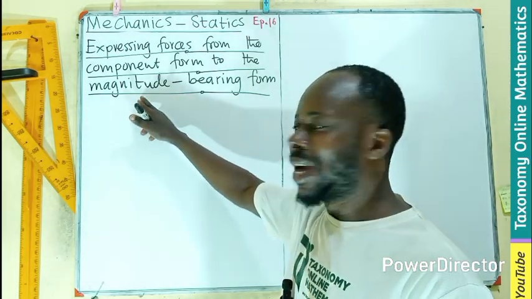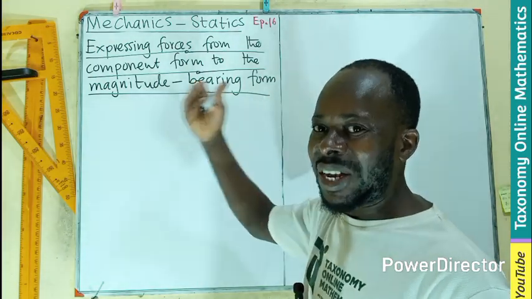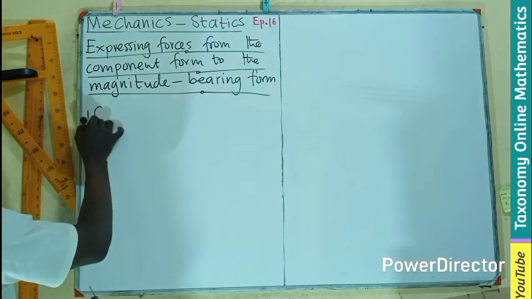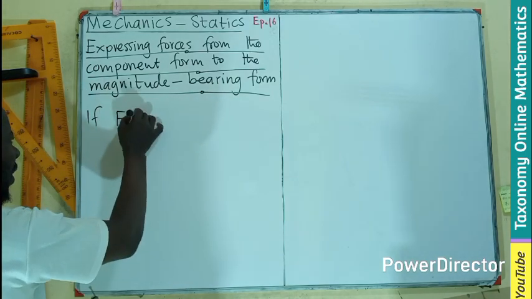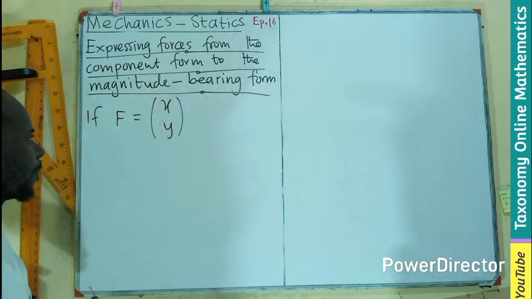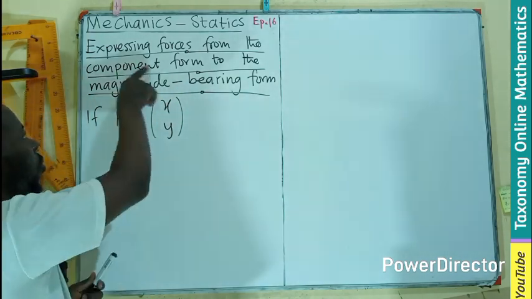Now, what are we looking for? We are looking for the magnitude, the size of that force, and we are also looking for the direction of that force. So, if, for example, we have a force which is given in the form xy, this is the force given in the component form.